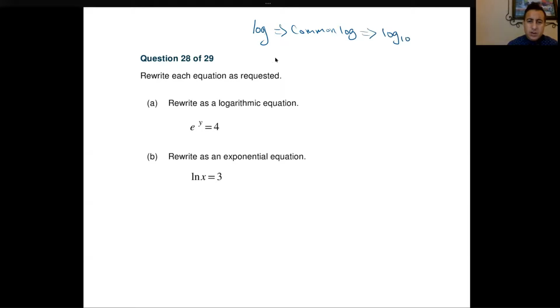All right. Then if you have ln, or natural log, and it is log with base e. So these two are the two that you have on your calculator. And if you need a different base, then you use a change of base formula. So let's write the change of base formula.